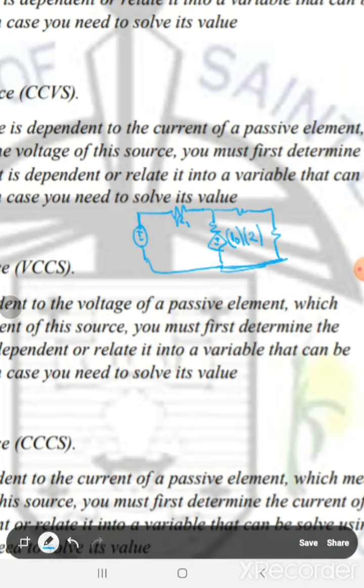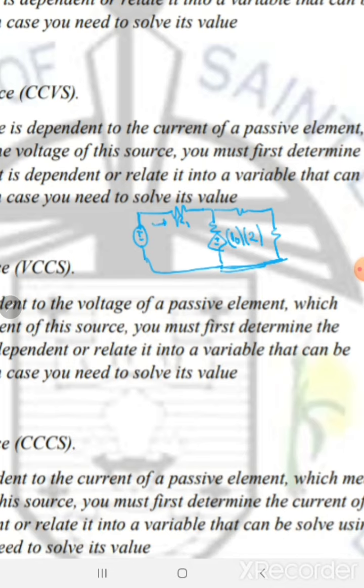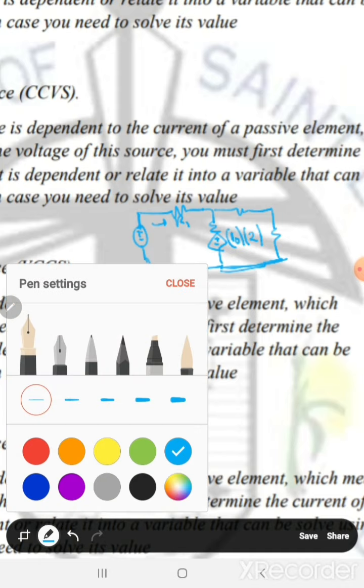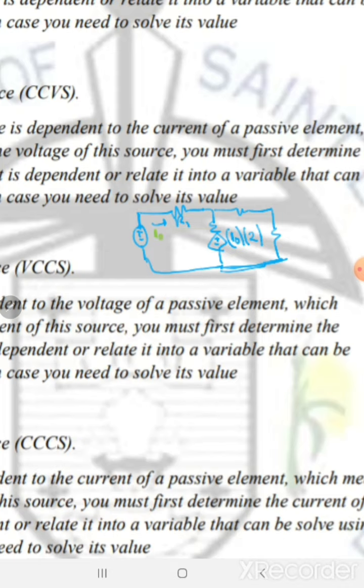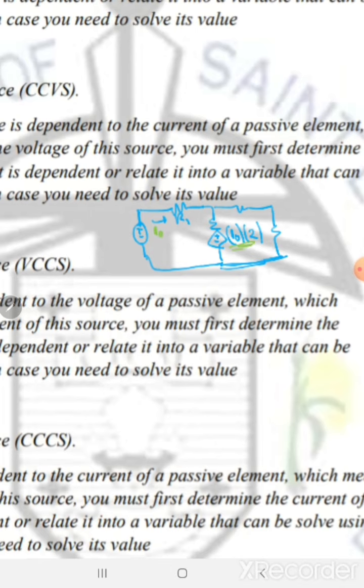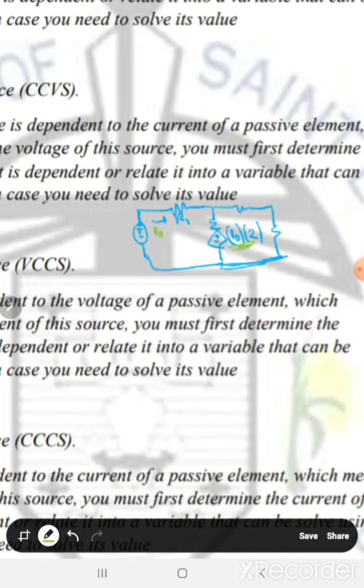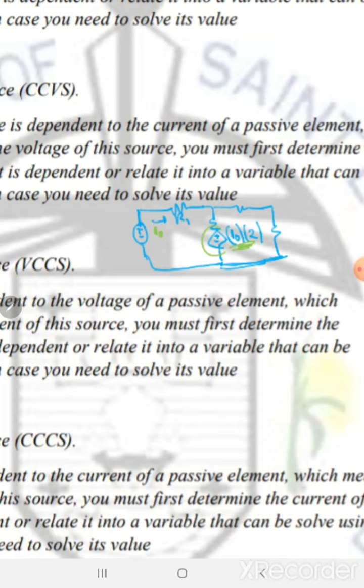So if I say that IO is here, ibig sabihin kung ano yung kuryente na dumadaloy dito sa branch na to, it is the value of IO that you should remember in order to get the value of this voltage. Because V is equal to 2 IO.